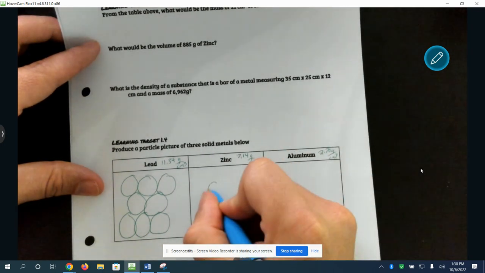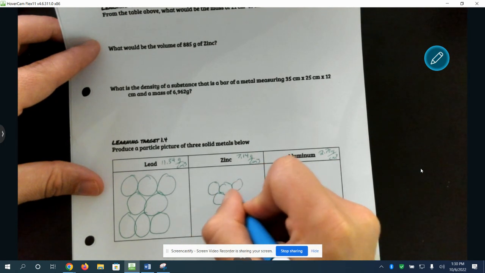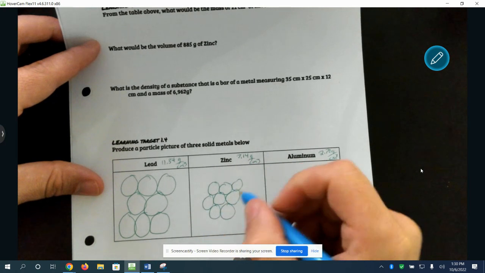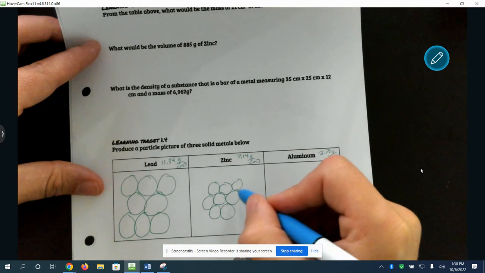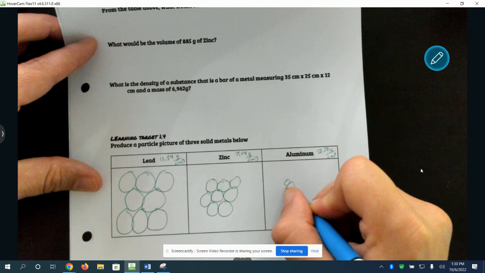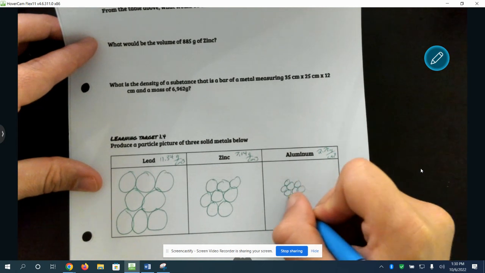This one's going to be smaller, and make sure it is obvious that your particles are smaller. They don't have to be perfectly ordered, but I want to be able to see that it is definitely less mass. That's 8. And then finally aluminum, 2, 3, 4, 5, 6, 8.